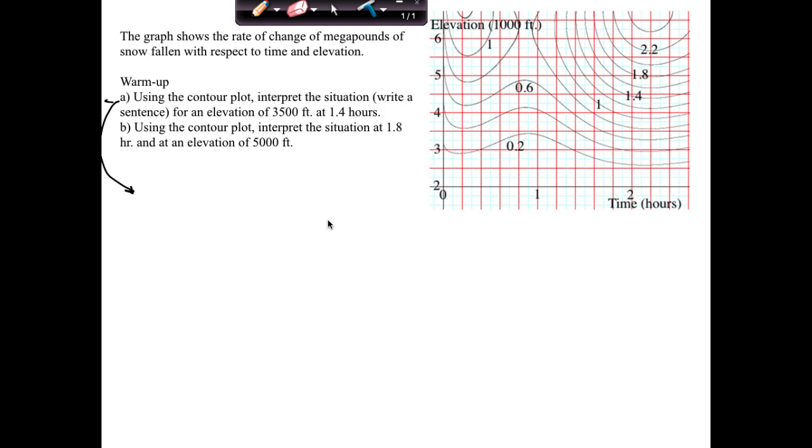And what is the value of the rate of change? Maybe around 1? Is it 1? 1.4? Just 0.4, right? So 0.4. What are the units on that? 0.4 what?